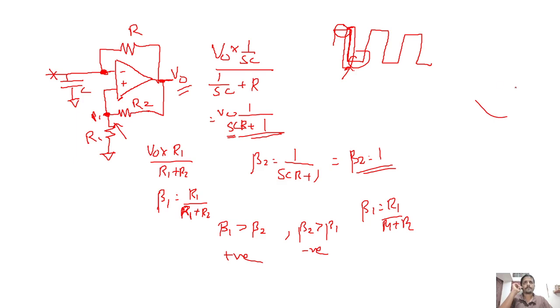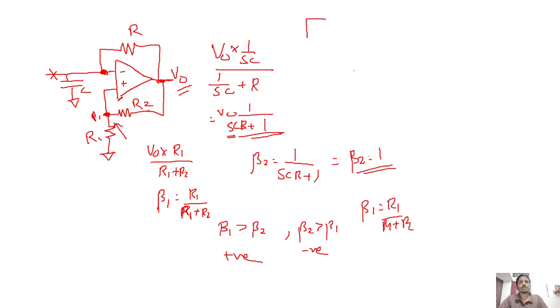Sir, I didn't get your point. So when V0 is high, this is like a DC voltage, say 5 volts. Definitely the voltage feedback here will be lower than this.